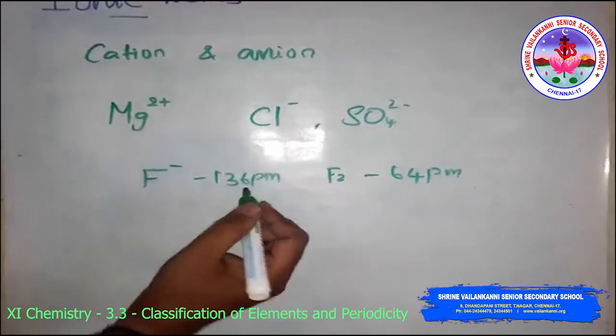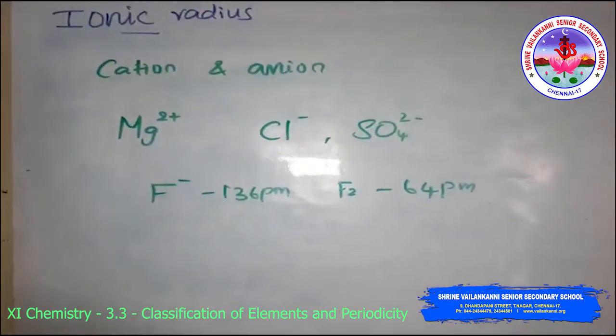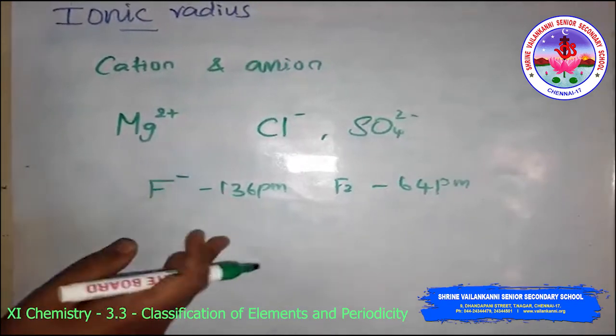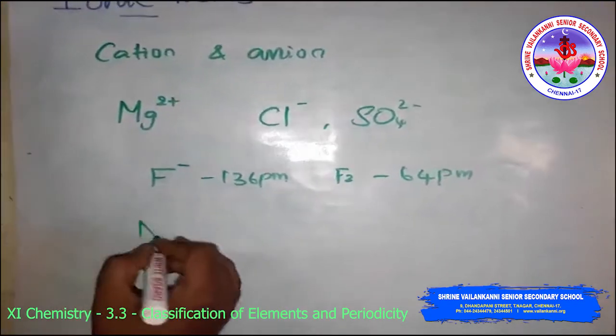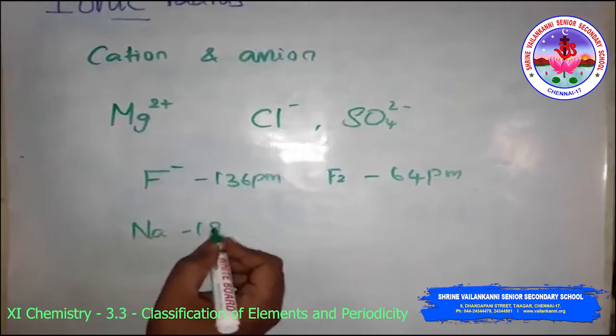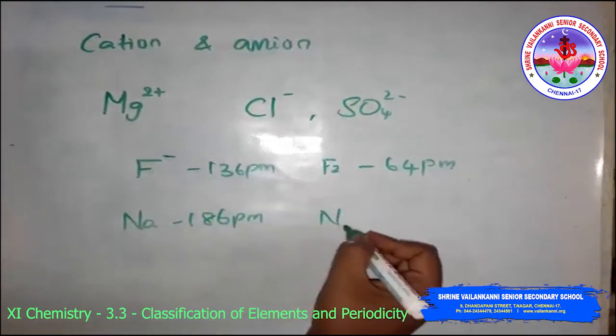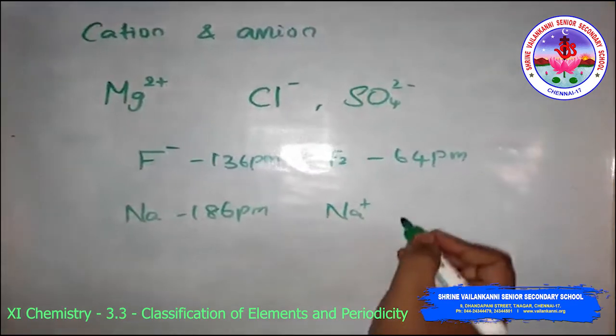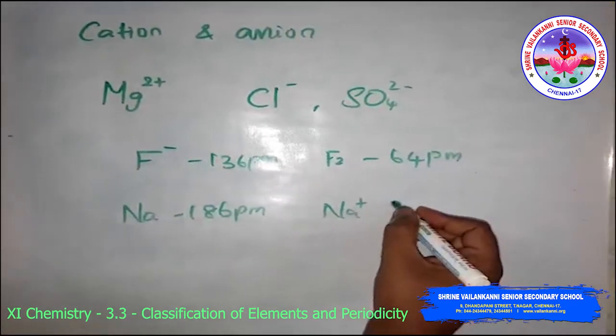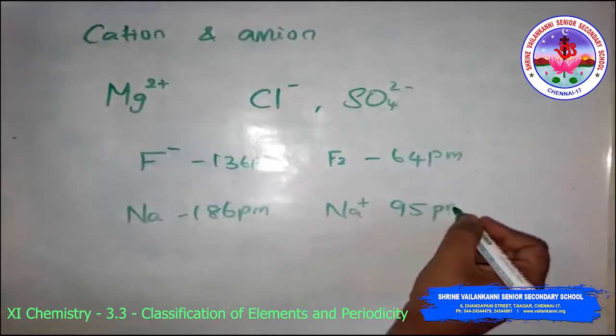The atomic radius of sodium is 186 picometer, compared to the sodium ion, Na+, whose value is 95 picometer.